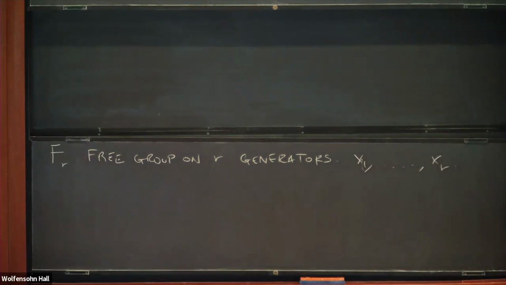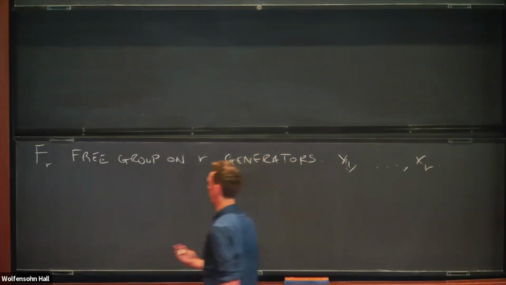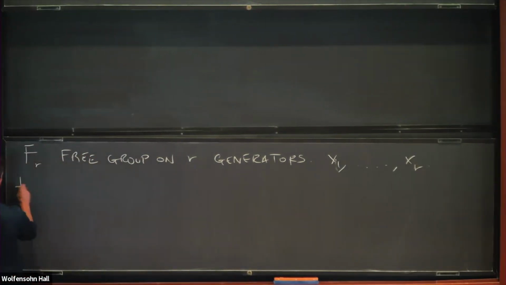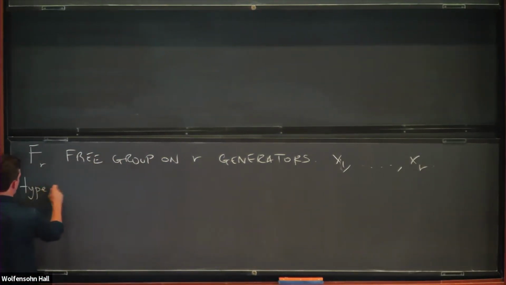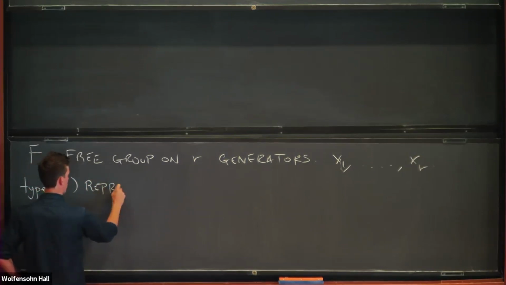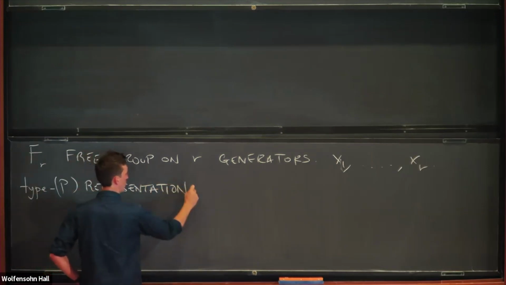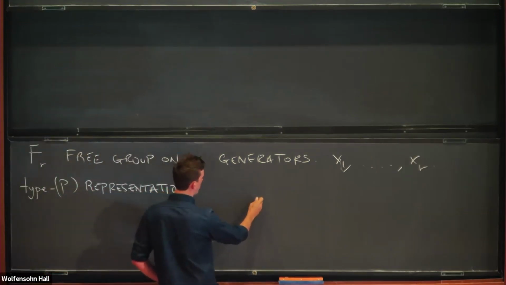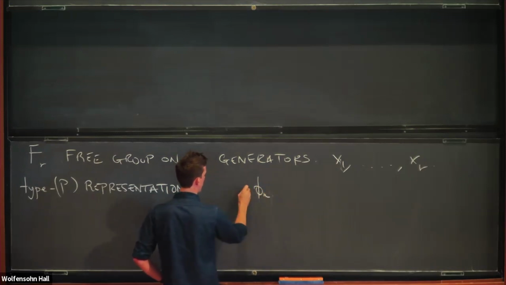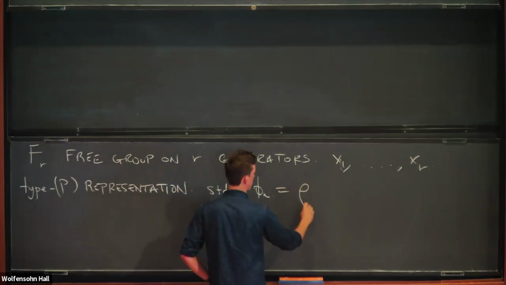So let me tell you a special type of representation of a free group, a finite dimensional representation of a free group. I call this a type P representation. It's a composition of some phi_n with the standard representation. I'll tell you what these are. I call this rho_n.